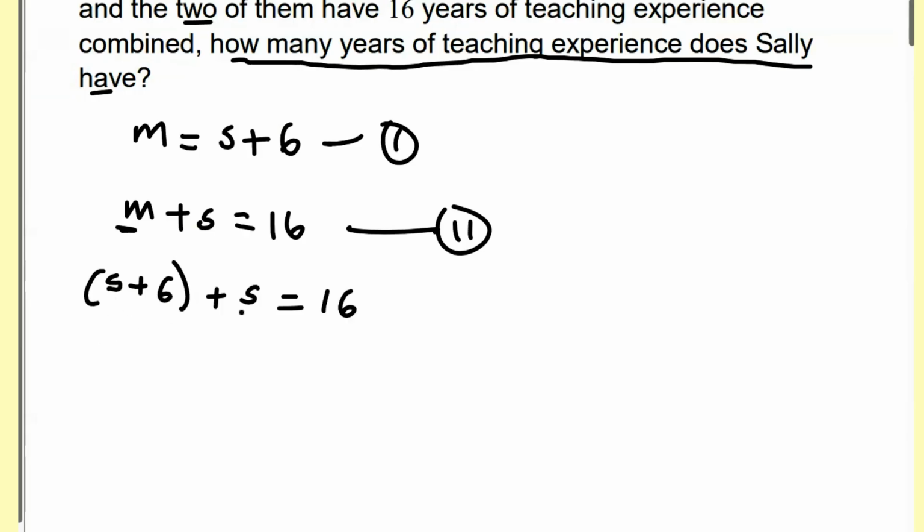Now you can see we have S here and S here. So S plus S gives us 2S plus 6 equal to 16.